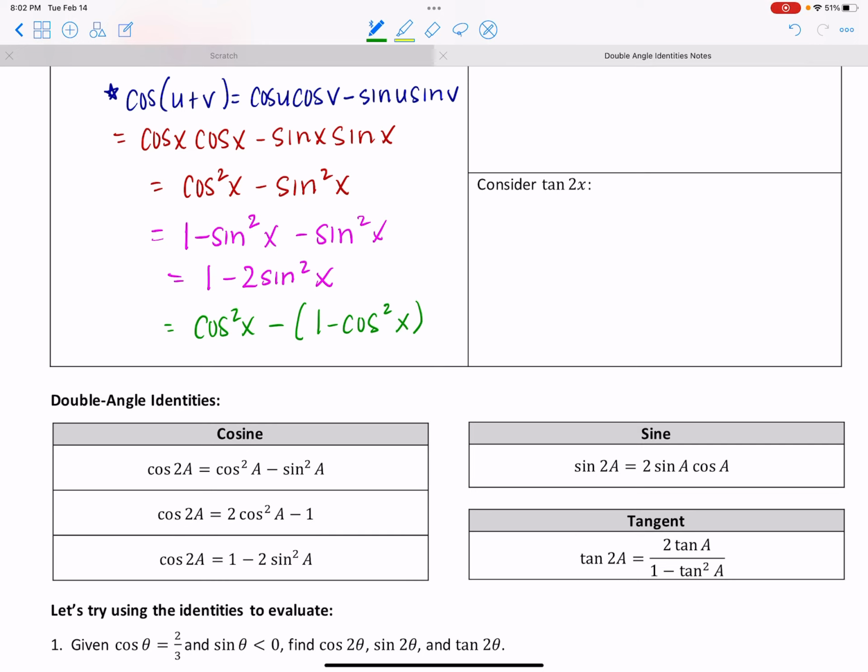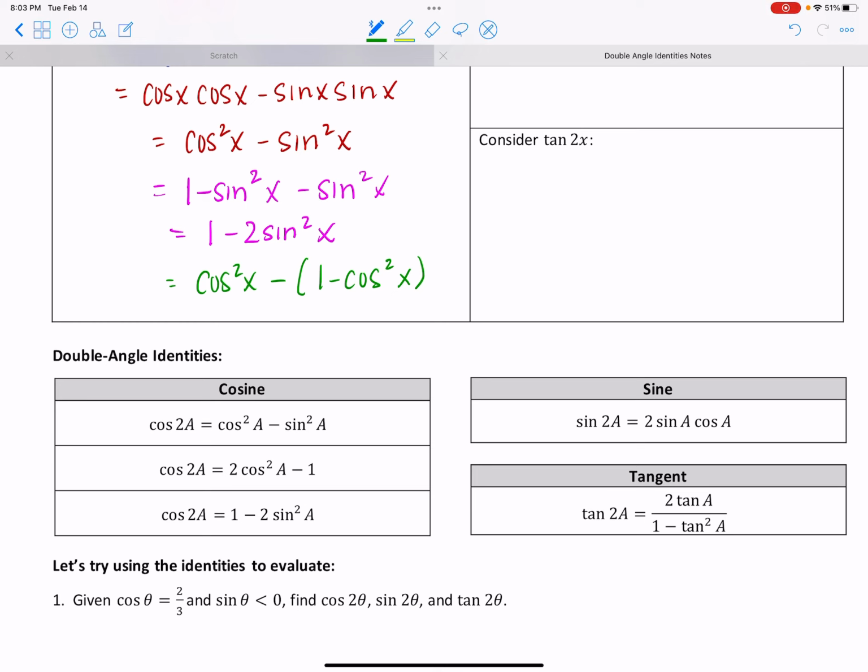And then if I distribute that negative, I'm going to end up with a cosine squared, a negative 1, and a positive cosine squared. So if I add the two cosine squareds together, I have 2 cosine squared, and then I have that minus 1. And that is the final form of the cosine of a double angle.